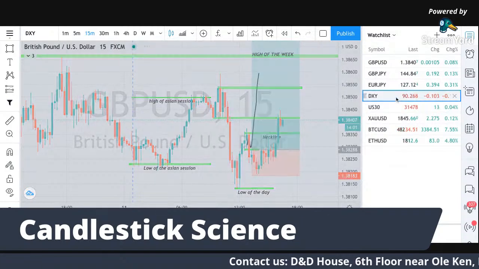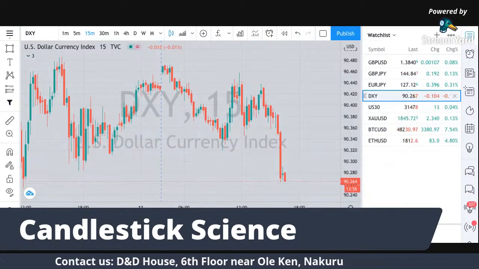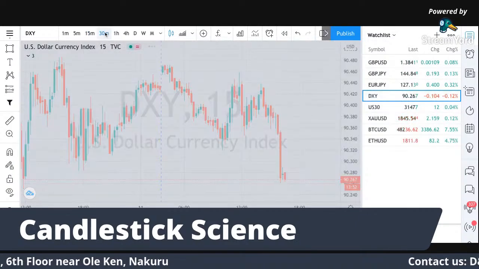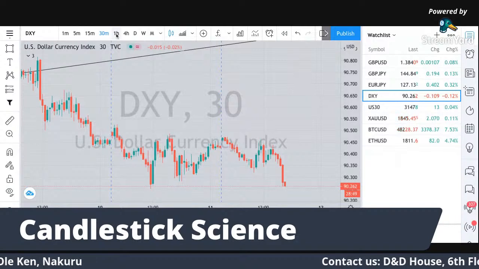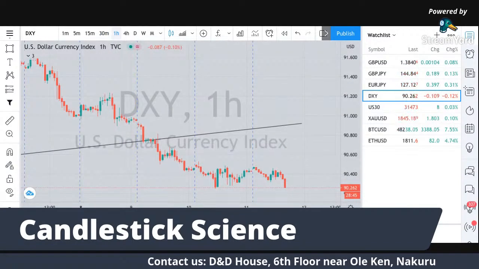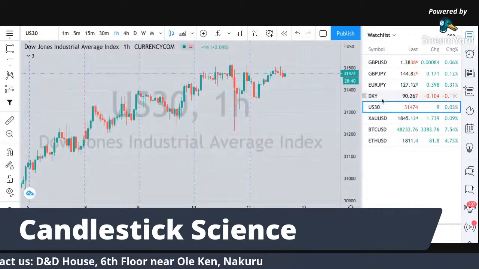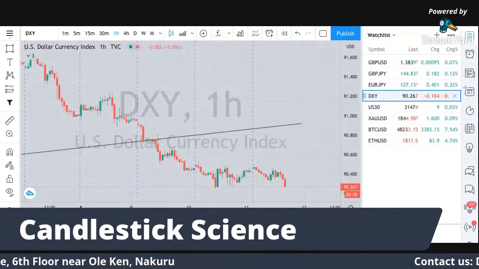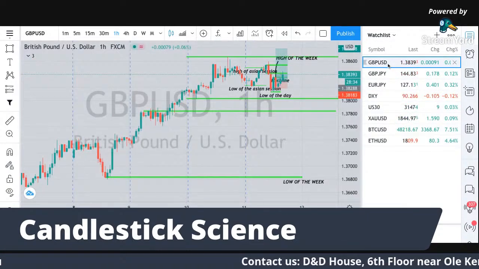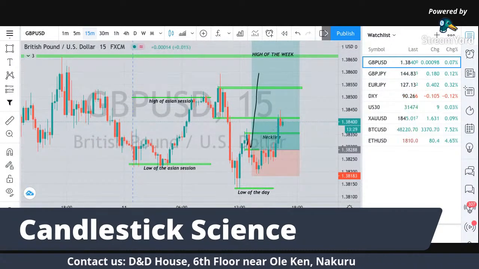Let's see how the dollar index reacted to the news. Wow. Yeah. Dump. This is the dollar index. It is not GU. Wow. And Jones, dollar index is dumping. GU is still there.